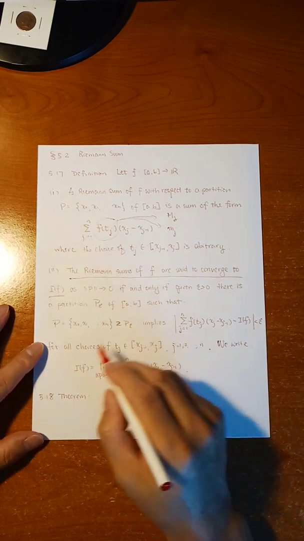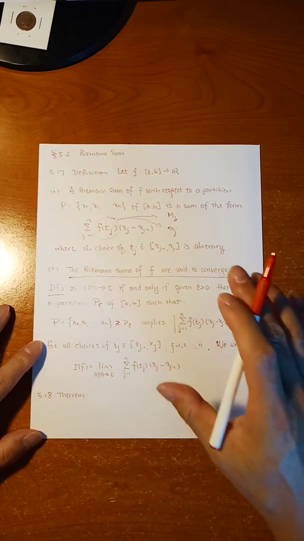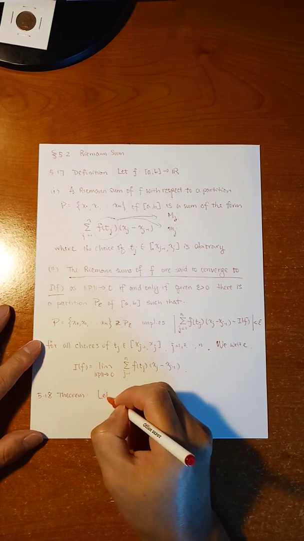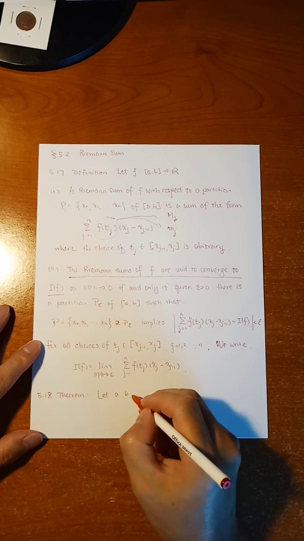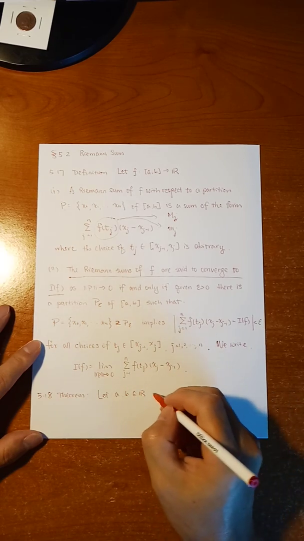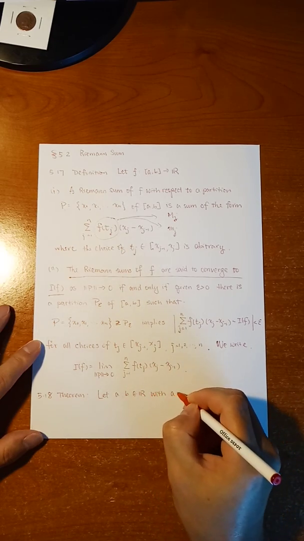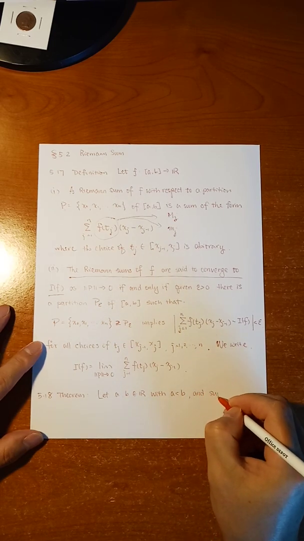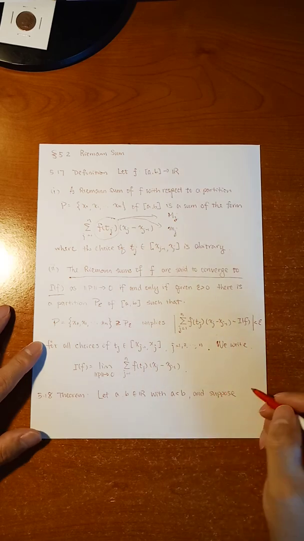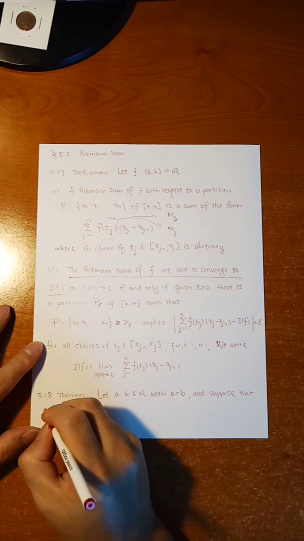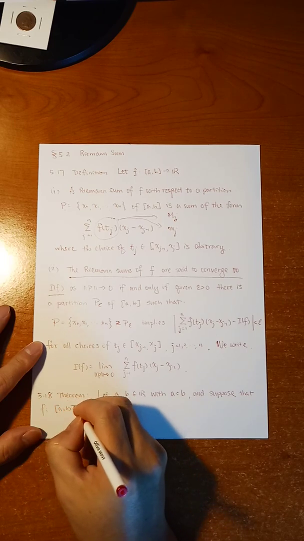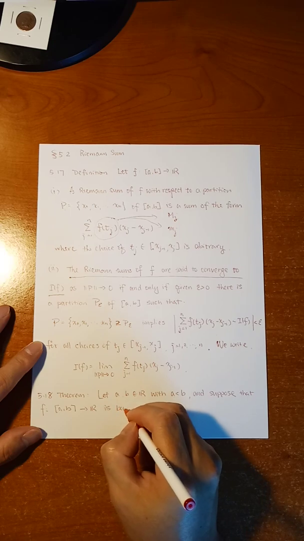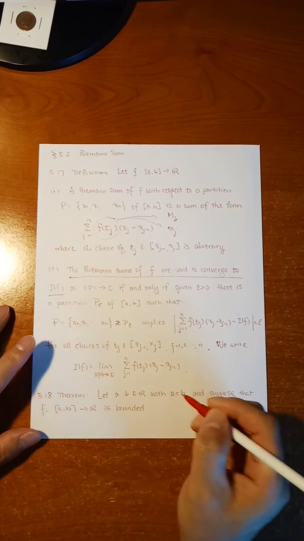So actually we're going to show that we defined two things, and those two things are equivalent. So let a be in R with a less than b, and suppose that f from [a, b] to R is bounded, because we always discuss bounded functions.